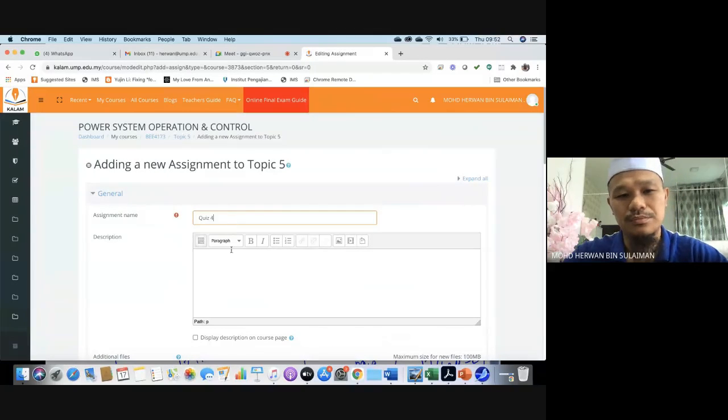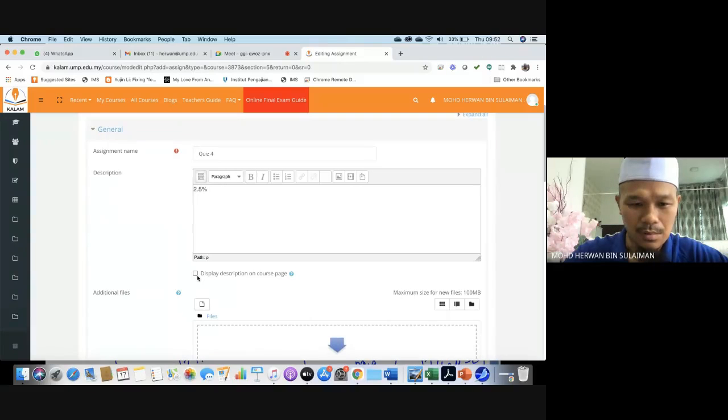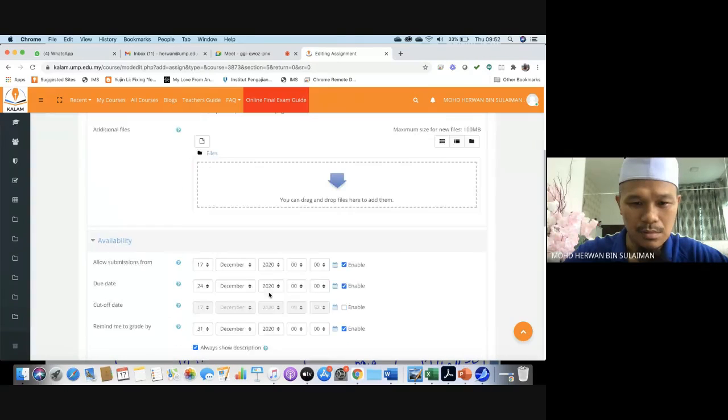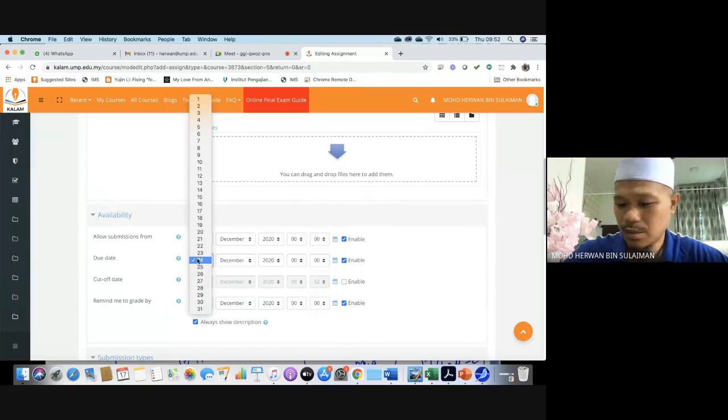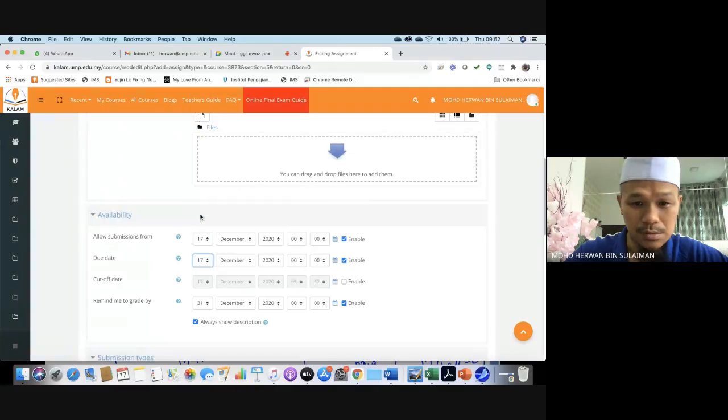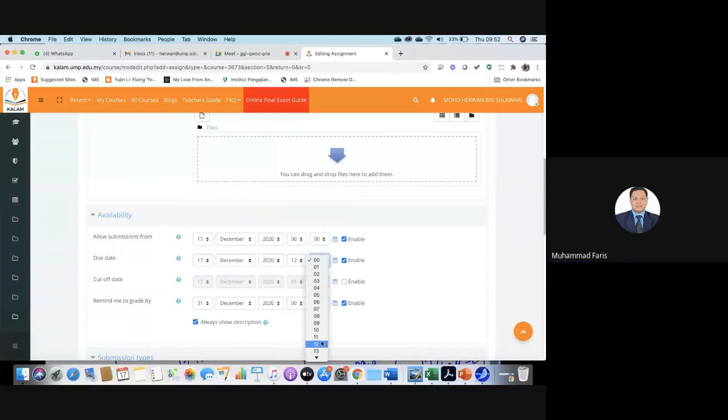Is for 2.5%. Sampai 12.30 boleh ya? Sebab ni boleh buat 10 minit sebenarnya.